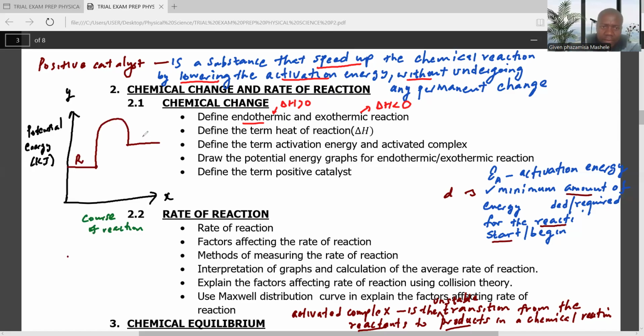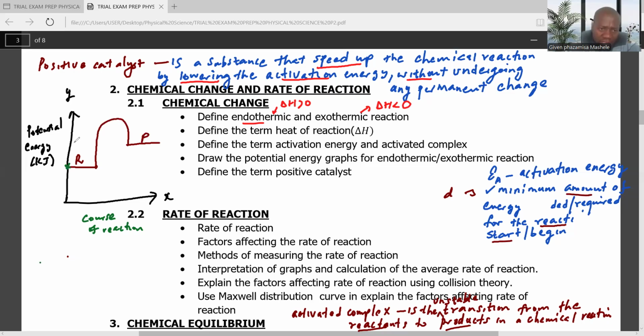Here is the product. Now, ladies and gentlemen, I want us to talk about this so that you can understand. This is called the potential energy graph, but for endothermic. I'll explain why I say it's an endothermic reaction. If you look at these potential energy graphs, this is the energy of the reactants here.